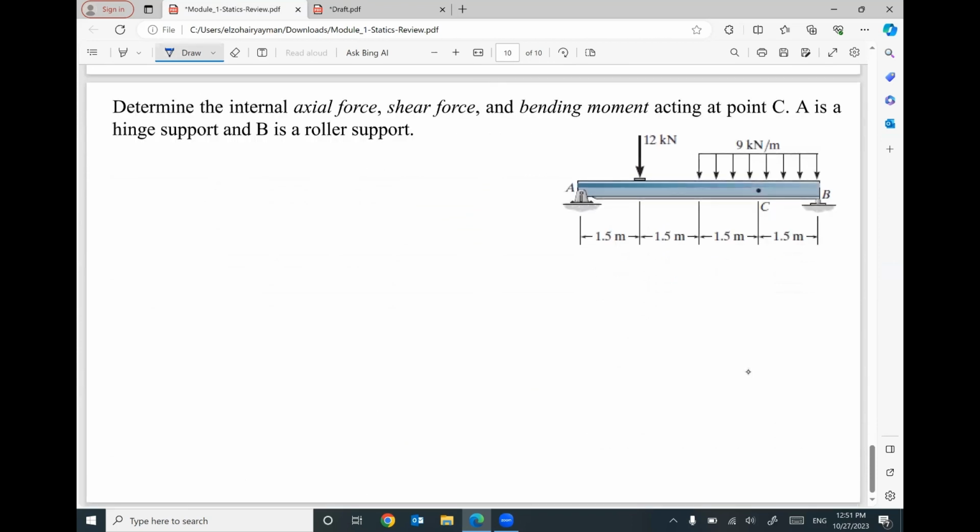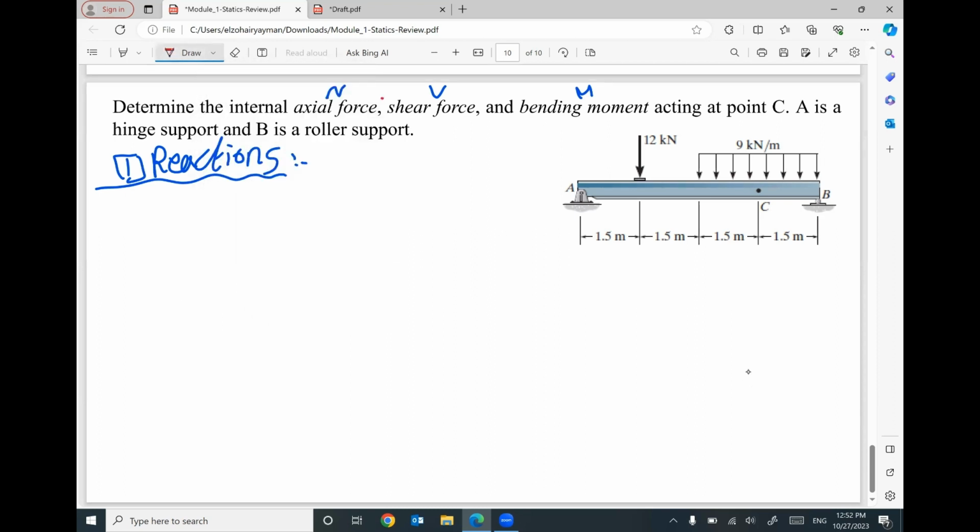This example. We are given a beam and we are looking to figure out the internal forces, axial force, capital N, shear force, capital V, bending moment, capital M, at a specific point C inside this beam. First step, I have to start with reactions. That means I have to set up my reactions.